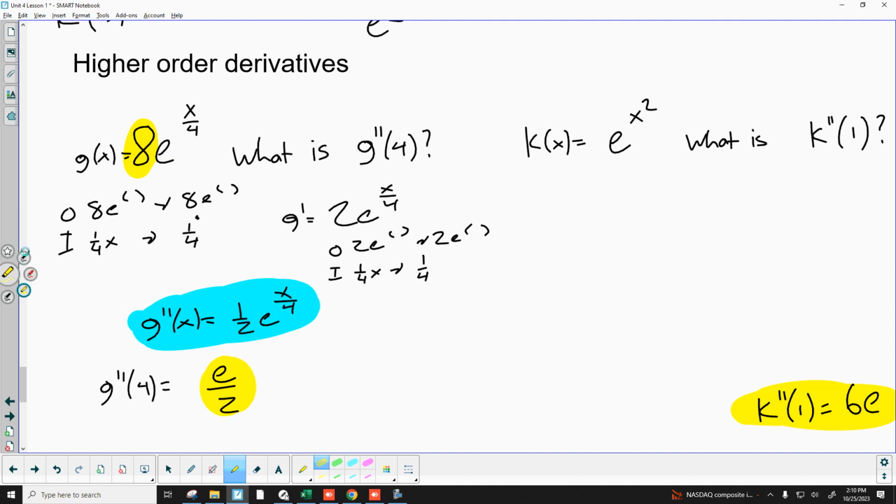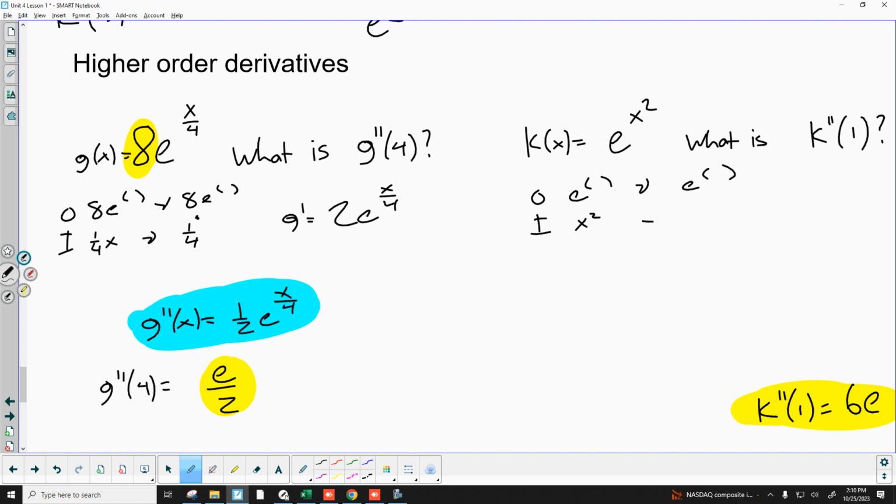All right. Put you guys out of your misery. Y'all did a good job with your first derivative. We get 2x e to the x squared. Great job. First derivative correct.